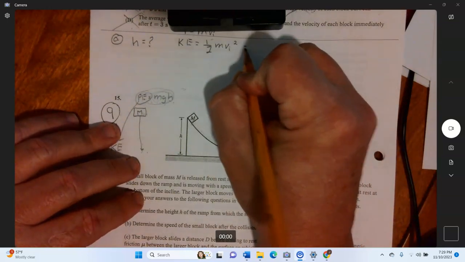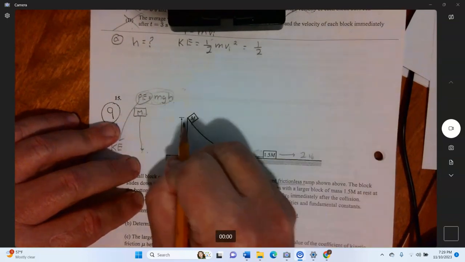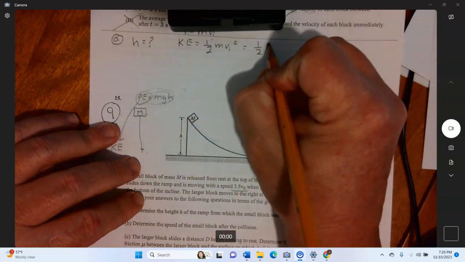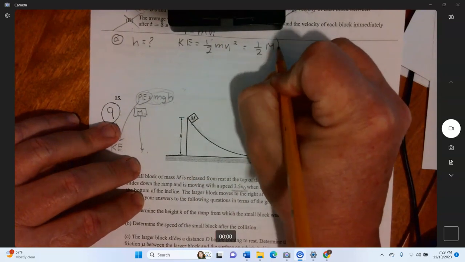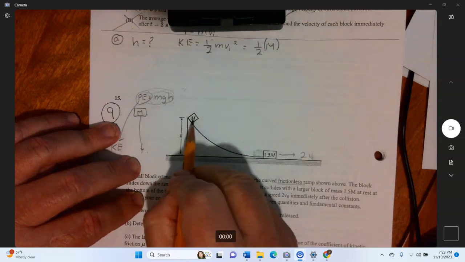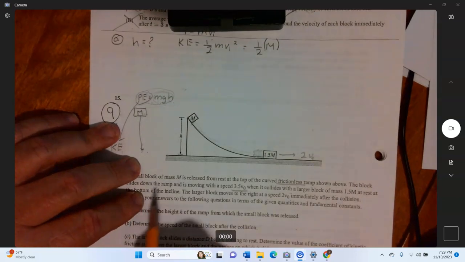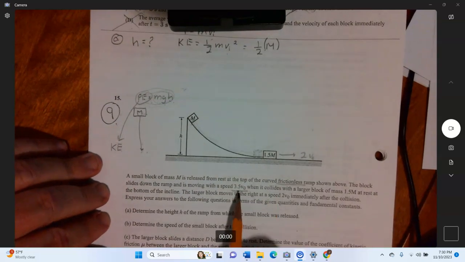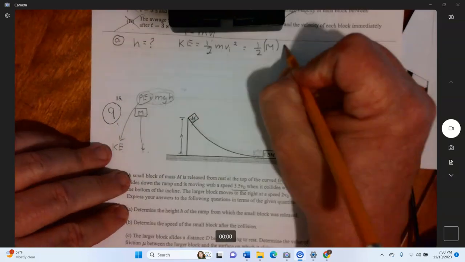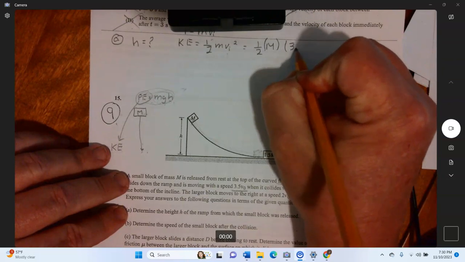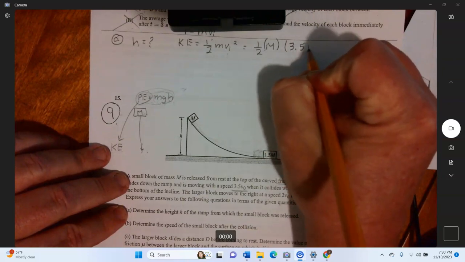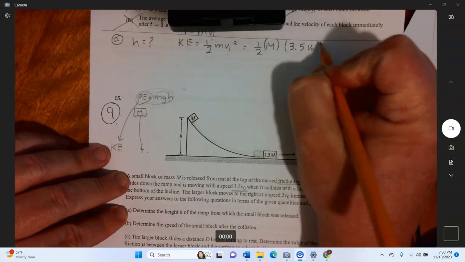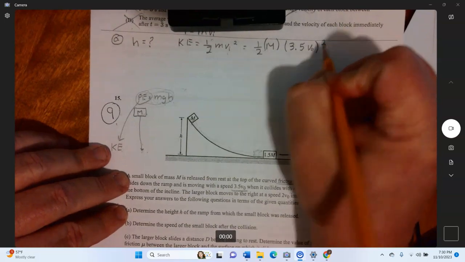So that is going to equal 1/2 times its actual mass. And again, instead of giving us a number, they just call it capital M, but that's meant to be a definite number, a definite value. And they said that its velocity is 3.5 V0. So 3.5 V0 is its velocity when it gets down there, and you square that.